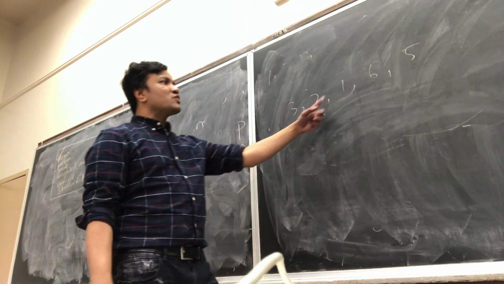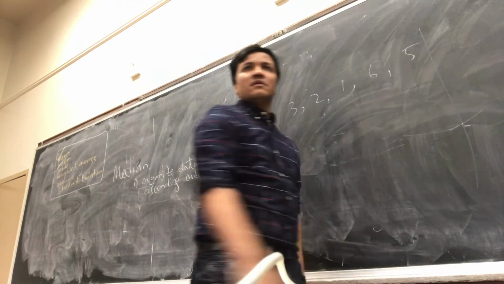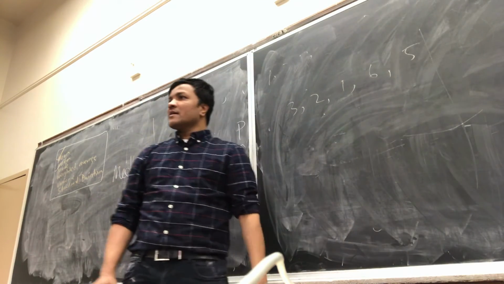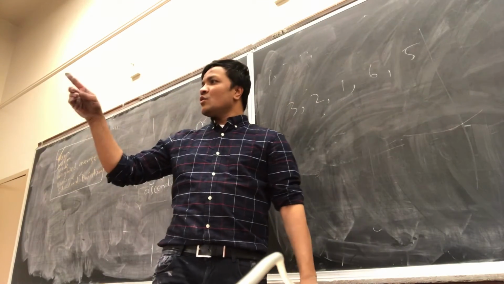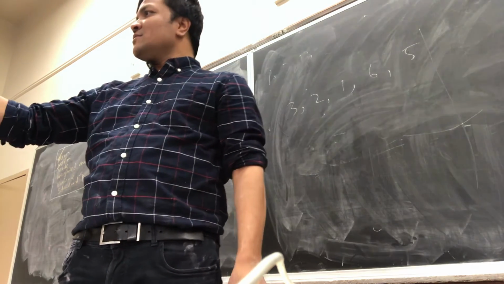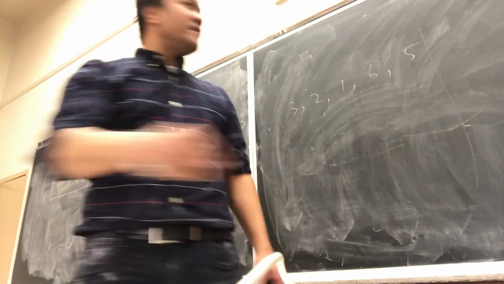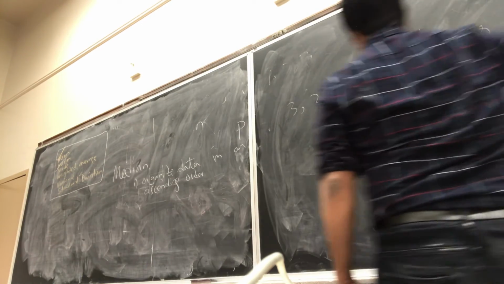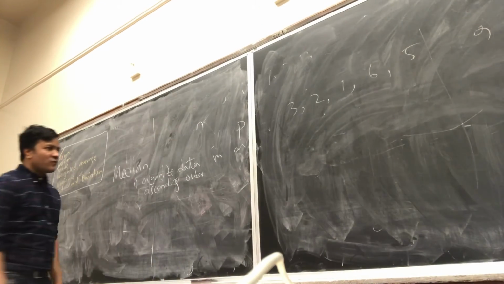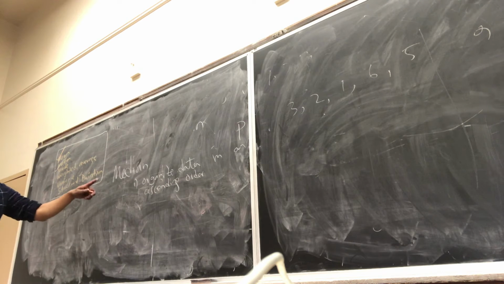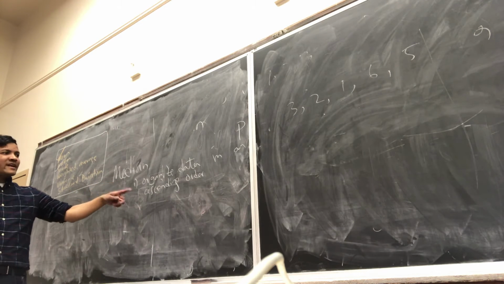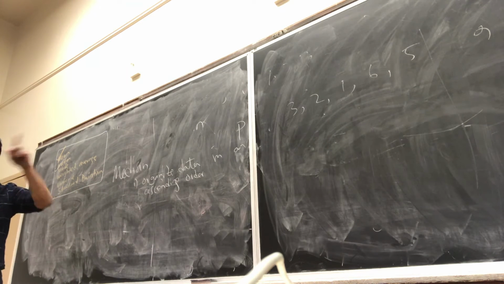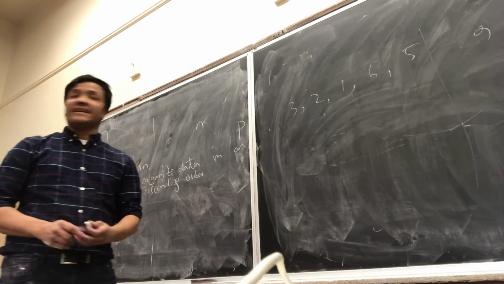Who gave me 1, 2, 3, 4, 5? Who wants to give me data? 9, 7, 12, 8, 4. Okay, 4 is rejected. Let's organize the data in ascending order.